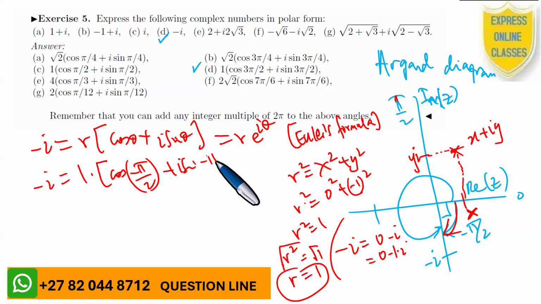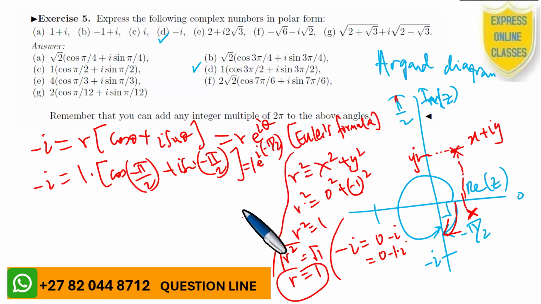Plus i, the sine of minus pi over 2. The r is 1, e to the i minus pi over 2.